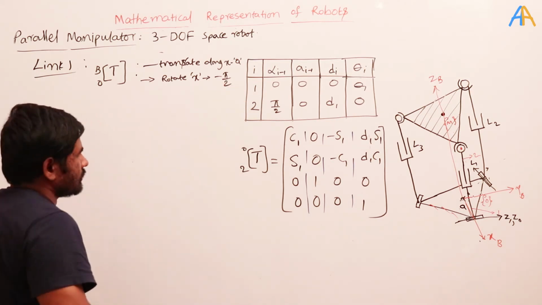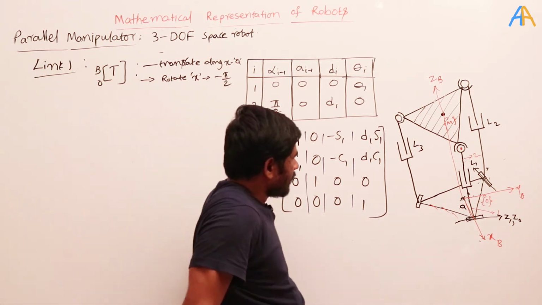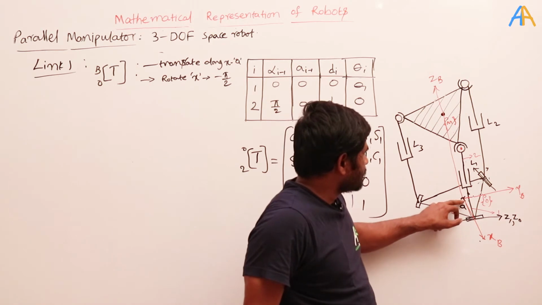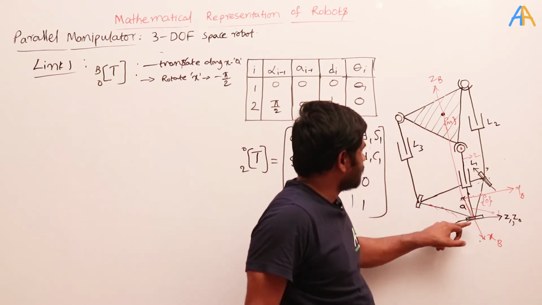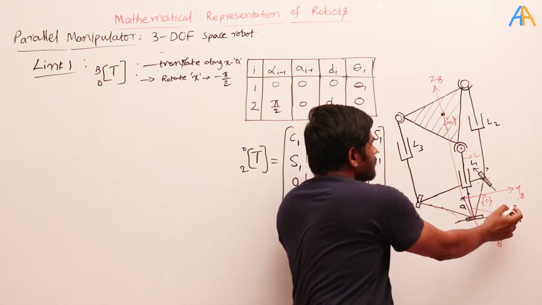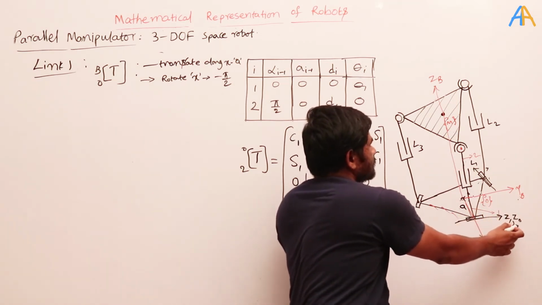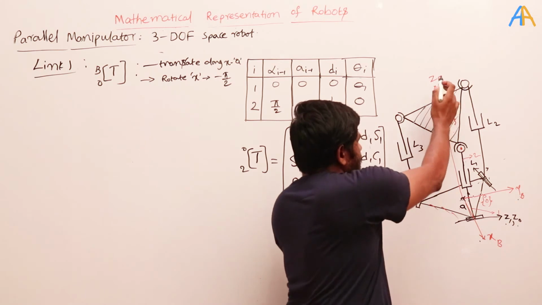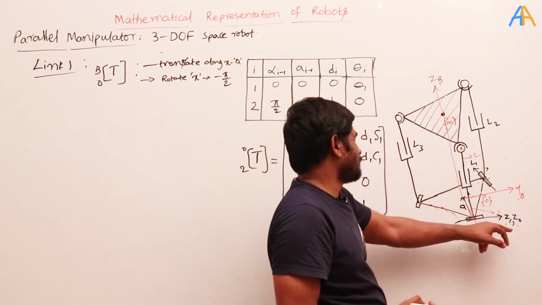Why minus pi by 2? See here, I translated this origin from here to here, so this came here. When it came, what happened? The YB coincides with the Z1 and Z0, and ZB is perpendicular to the Z1 and Z0.